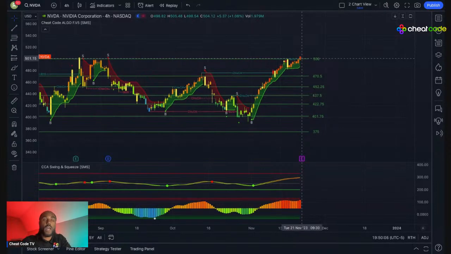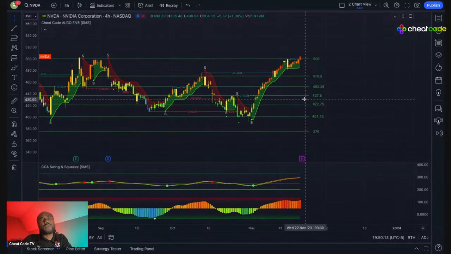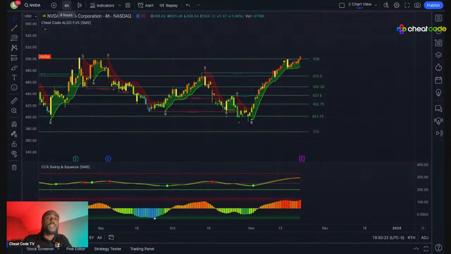And if you're buying call options, theta may really get at you because we may move sideways at this level of 500 right here on Fibonacci. So I love Fibonacci. The auto Fibonacci levels always give me something to check because I'm looking for support levels. I don't really want to buy up here.